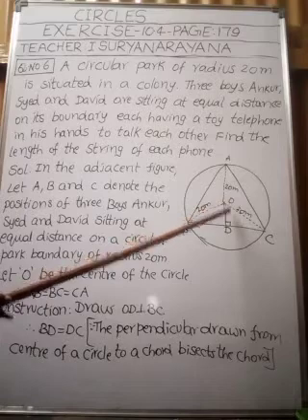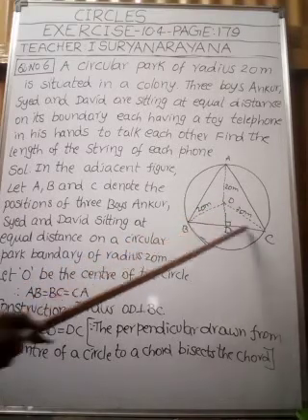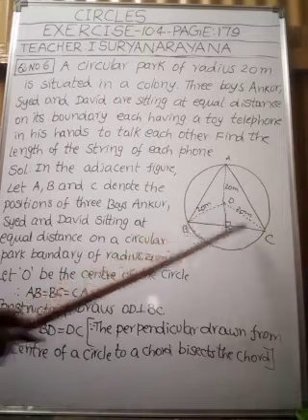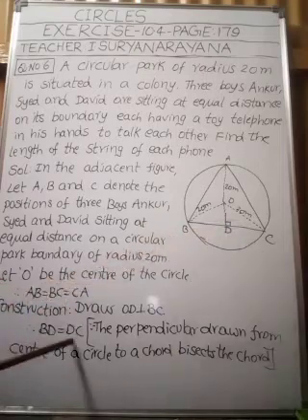So here OD is drawn perpendicular to this chord. Therefore, this OD bisects this line segment, this chord BC. Therefore, BD is equal to DC. Understood this step, my children?